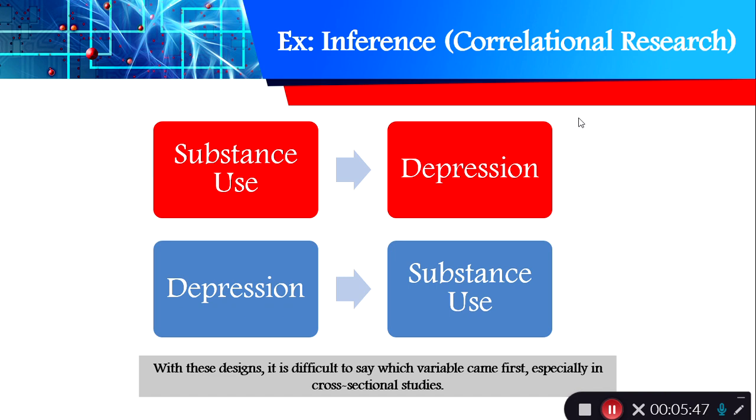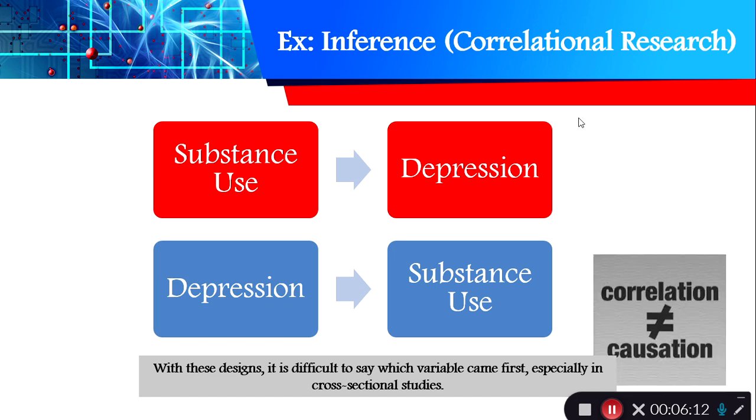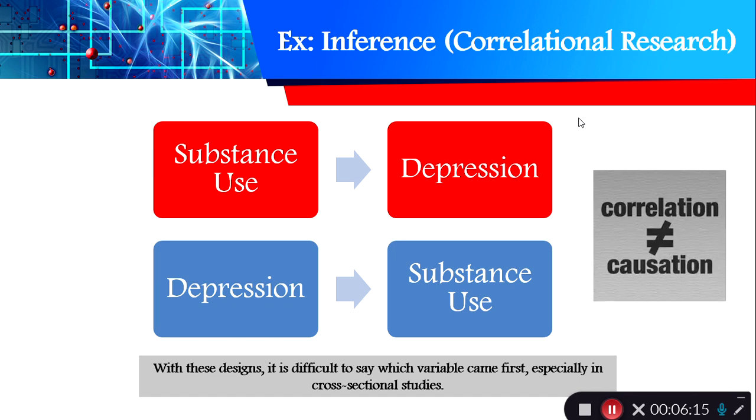If we wanted to examine this relationship, we could indeed look at the correlation between these two variables, but we can't really say whether substance use comes before depression or whether depression comes before substance use. Simply because if we only observe these variables at one point in time, we have no sense of the correct ordering of these variables in time. And so this is the reason why we say that correlation does not equal causation. We can say that the two variables are correlated, but we cannot say that one caused the other.